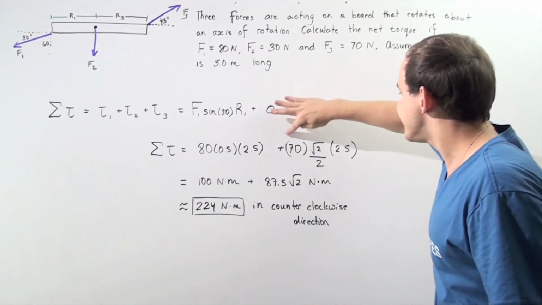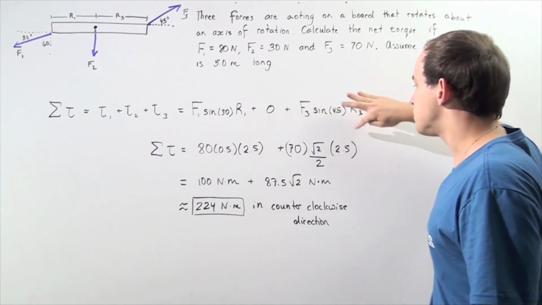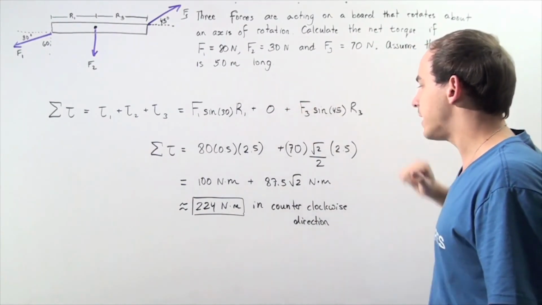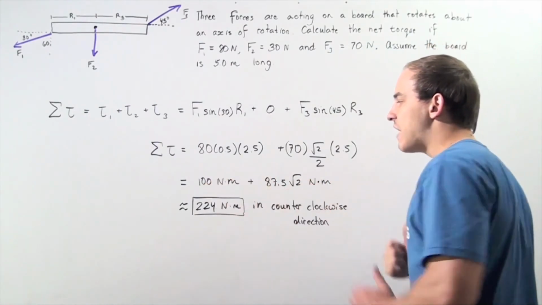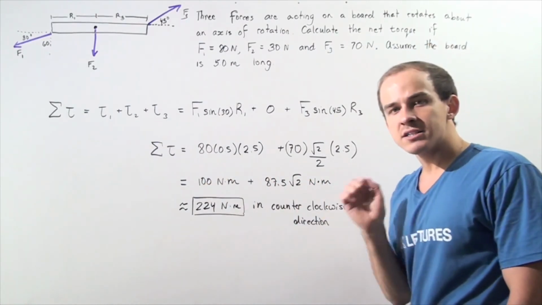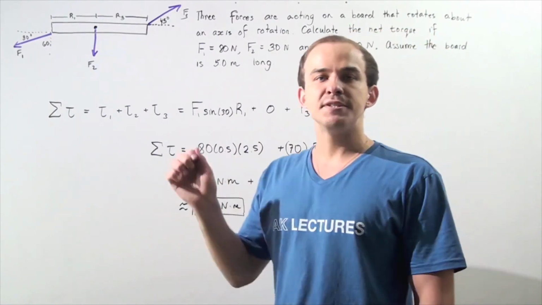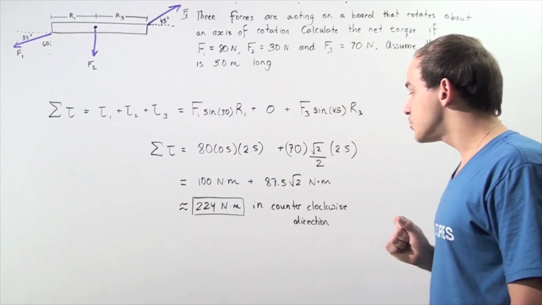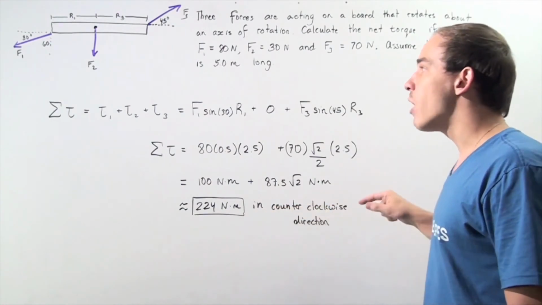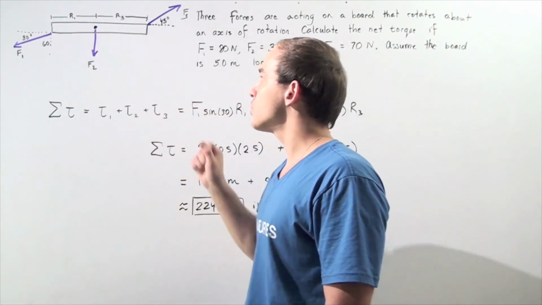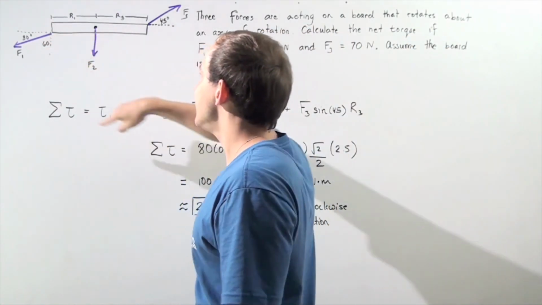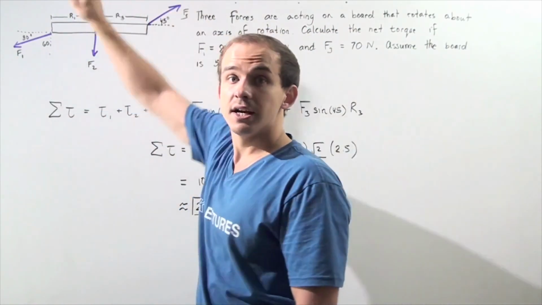Then we multiply 70 by 2.5, multiply that by radical 2 and divide by 2. We add these two values and we get approximately 224 newton meters. And our direction is counterclockwise in the positive direction. So our board will rotate in the counterclockwise direction.